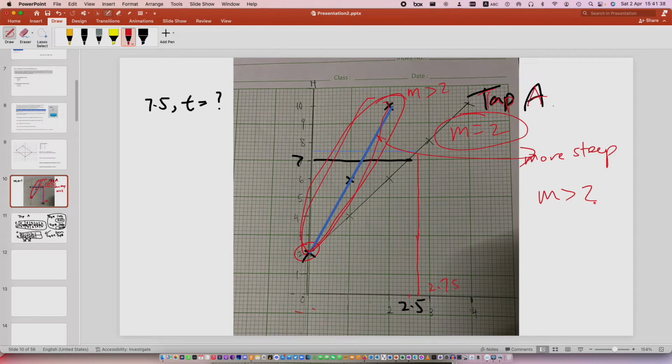So what's the gradient? 4. Yeah, so the gradient equals 4. Okay, so your prediction is correct. It should be more than 2. Why? You can see the slope is more steep, right?